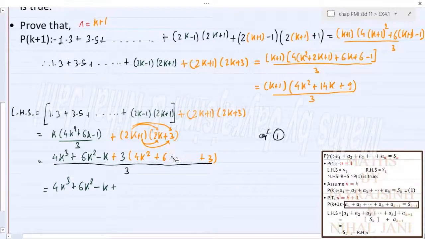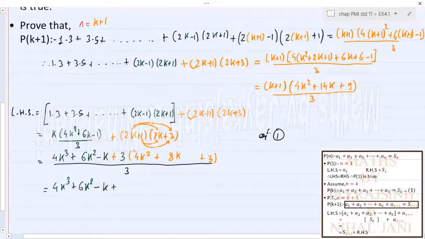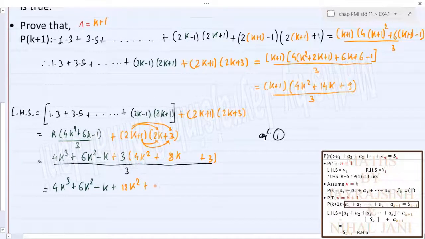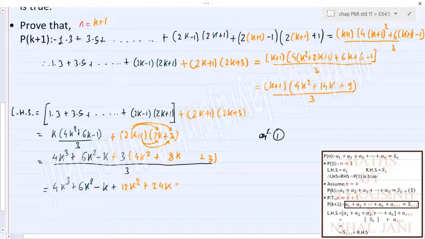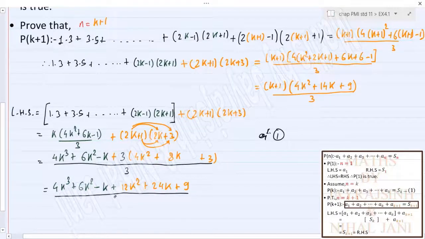This 6k plus 2k will be 8k. Now multiply 3 within the bracket. 3 into 4k is 12k square. 3 into 8k is 24k, plus 3 into 3 is 9, whole divided by 3.